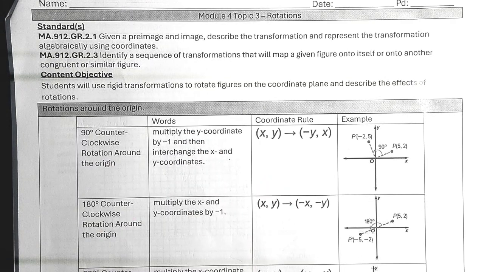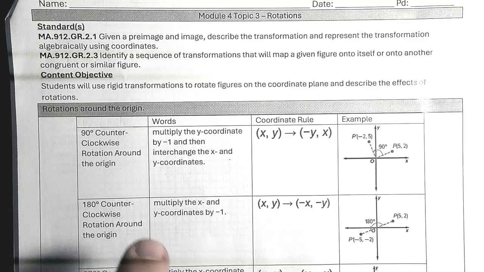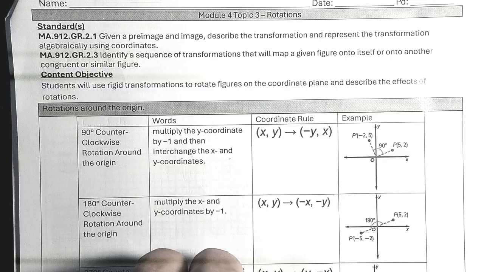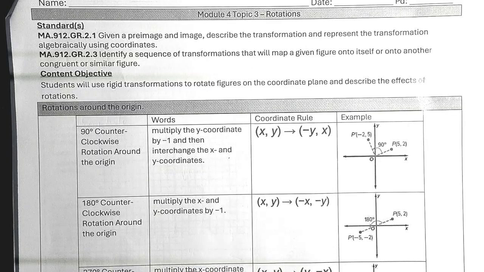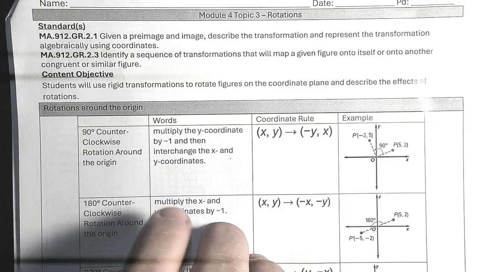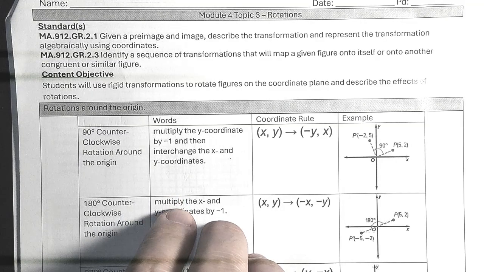I'm going to do a separate video going over the coordinate plane, counterclockwise versus clockwise, just breaking things down a little bit further than what the notes do. This is going to be a pretty short and pretty basic video.